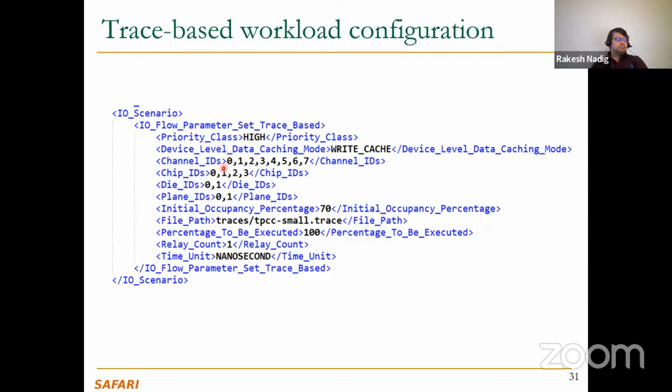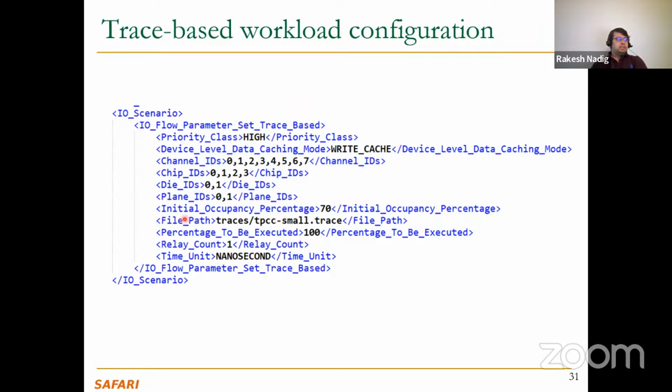So let's say we set the channel IDs to 8 channels, then the requests in the trace will be sent to all the 8 channels, and the number of chip IDs will define how many chips are being used by the workload. Die IDs and plane IDs define something similar.